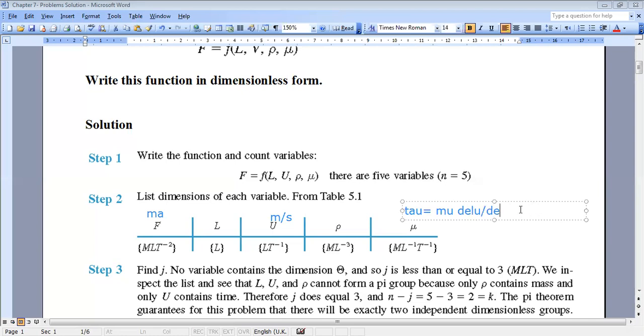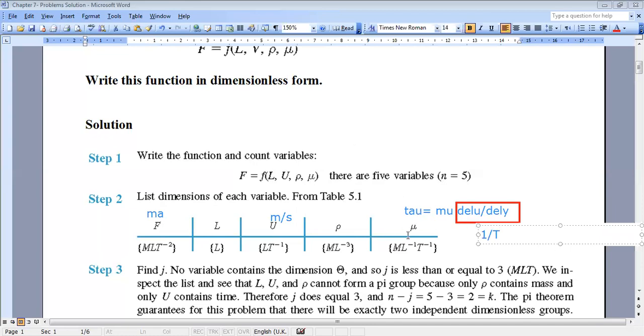So if you want to derive the unit of μ, all you have to do is look at du/dy: u is meter per second and y is meter, so this term has as unit 1 over T. So if I take it to the other side, it becomes T.